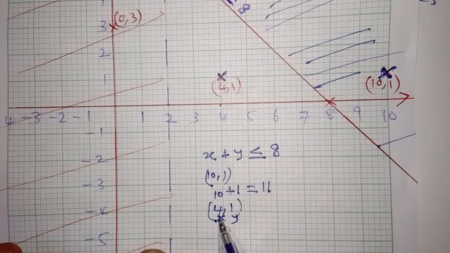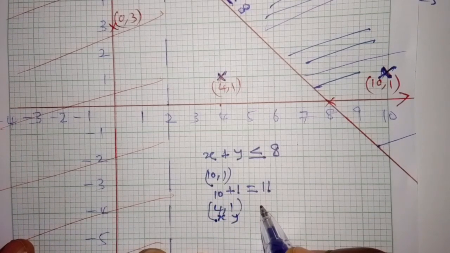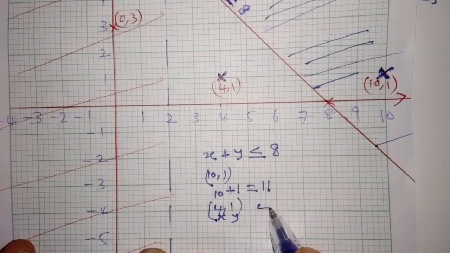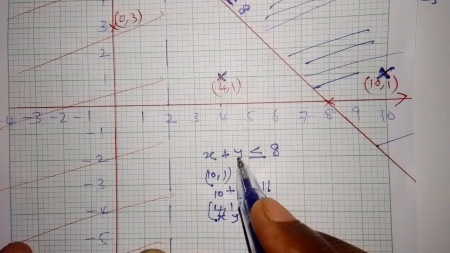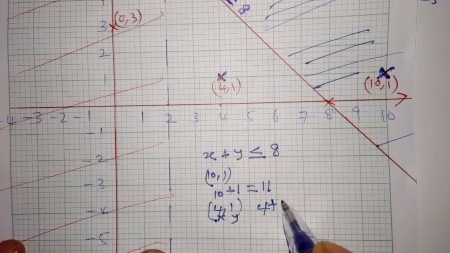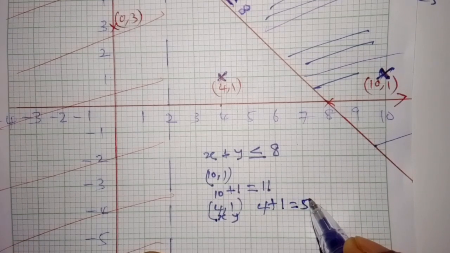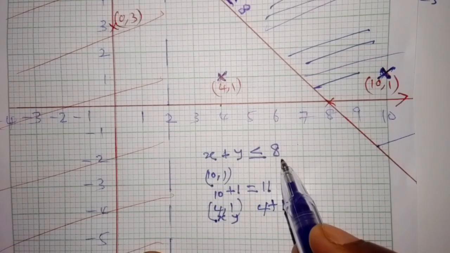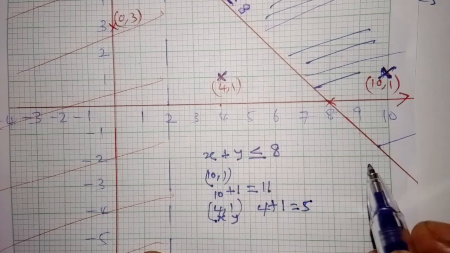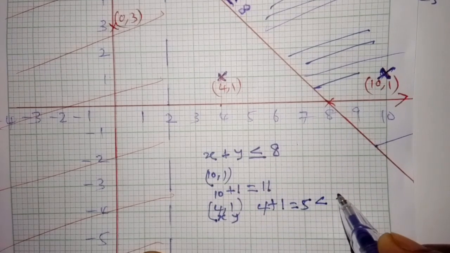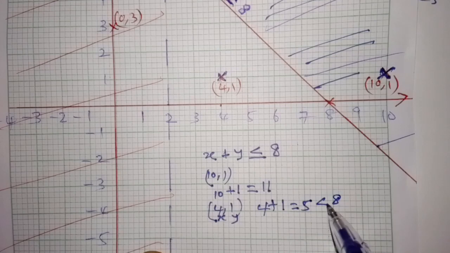So when x is 4, 4 plus y, which is 1, is going to give us 5. 5 is less than 8.